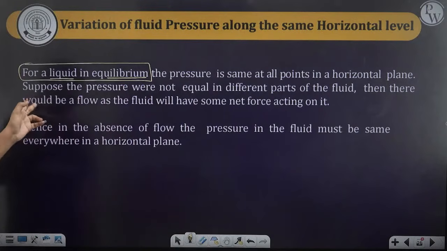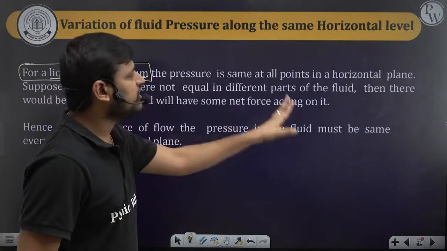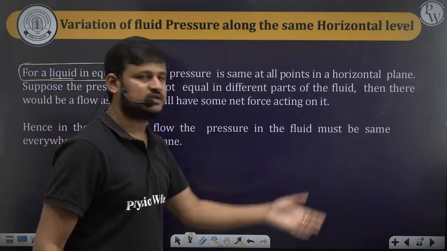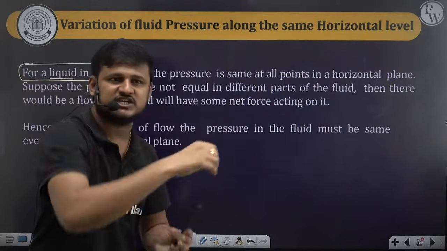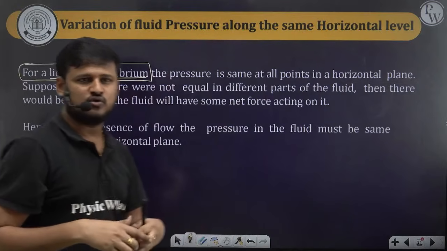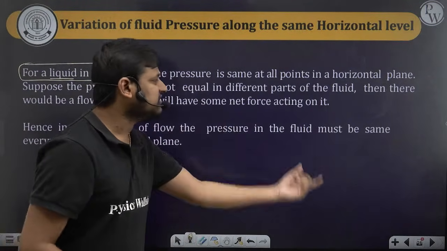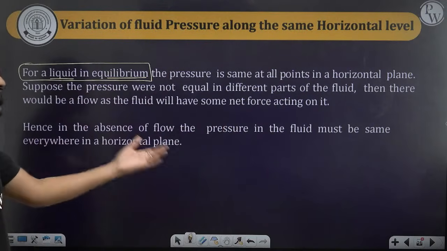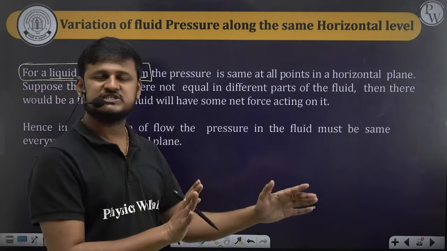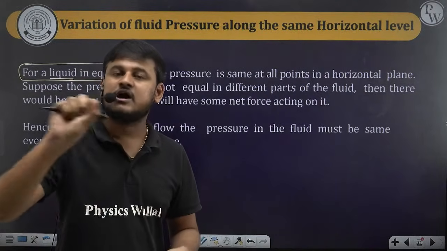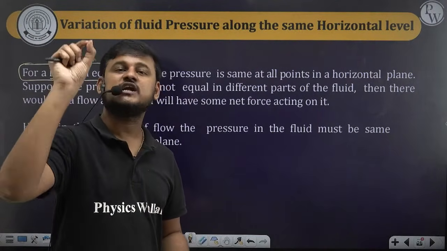Suppose the pressure were not equal at different points of the liquid, then there would be a flow, as the fluid would have some net force. The fluid will have some acceleration, so there should be a flow, right? Hence in the absence of flow, the pressure in the fluid must be same everywhere in the horizontal plane. So the pressure should be same at the same horizontal level when the fluid is at rest.